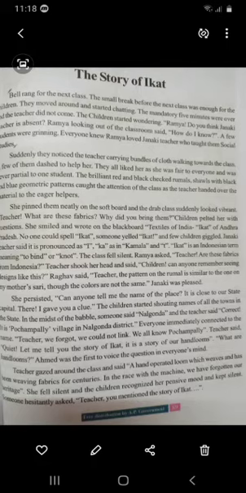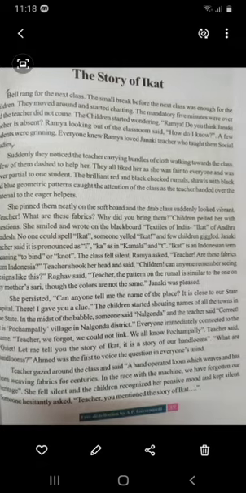The brilliant red and black checked rumals, shawls with black and blue geometric patterns caught the attention of the class as the teacher handed over the material to the eager helpers. Now let us go detailedly, line by line.